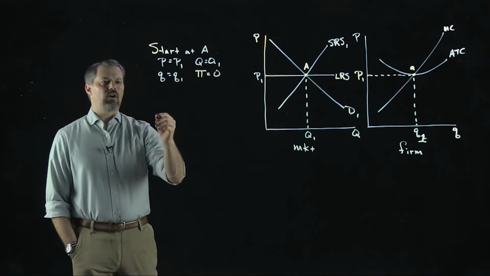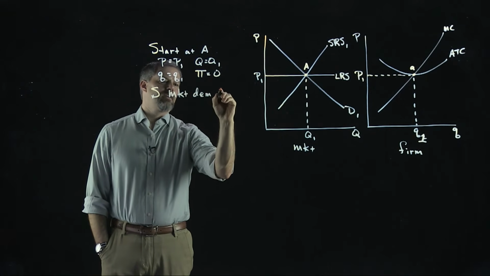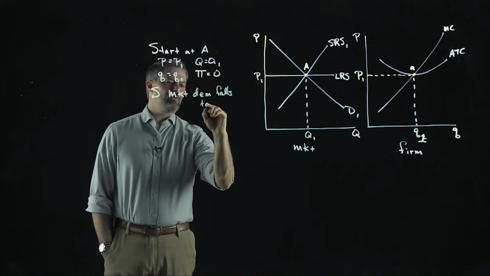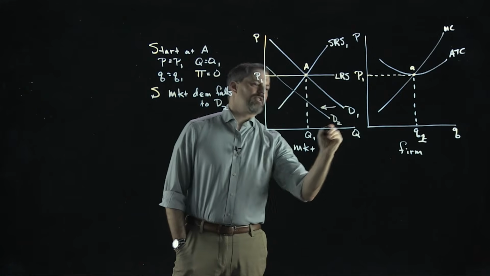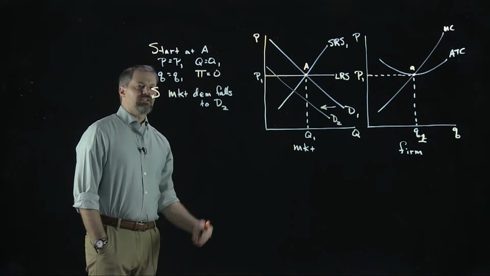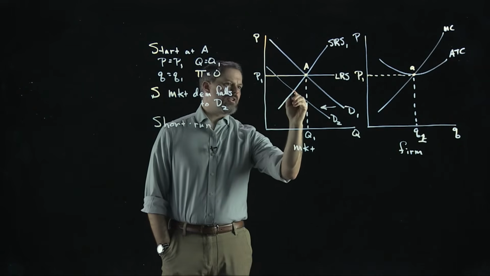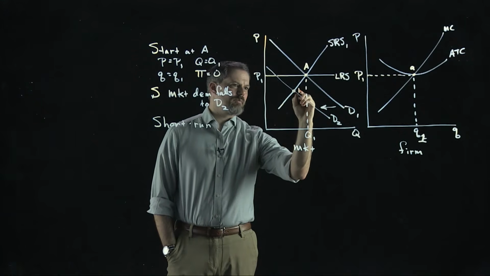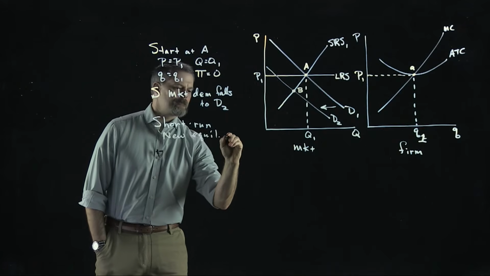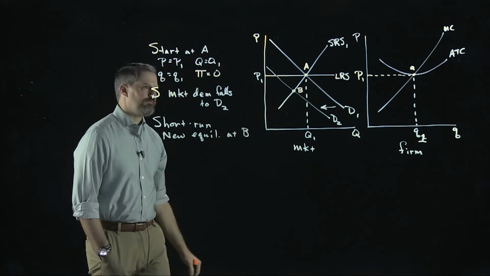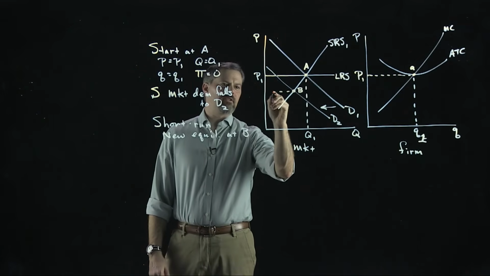Now let's start with a decrease in demand. Suppose market demand decreases. Market demand falls, let's say, to D2. So we get a decrease in market demand to D2. In the short run, that takes us to a new equilibrium right here at point B. So we get a new equilibrium at B. And we know that a decrease in demand is going to result in a decrease in the market price.